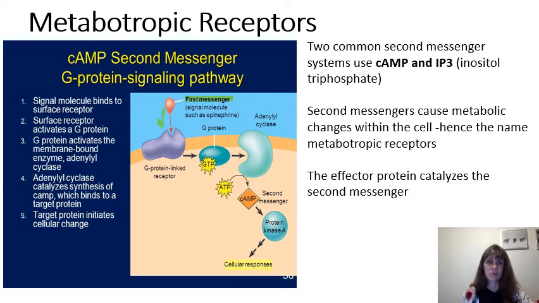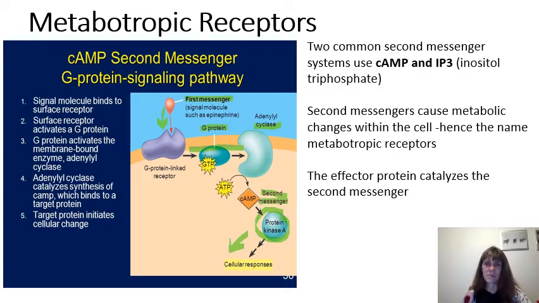Once these two bind together, that activates the G protein, which actually travels along the membrane to activate an enzyme. Once the enzyme is activated, it produces a second messenger molecule that will further act to activate another enzyme, which will cause chemical reactions within the cell.